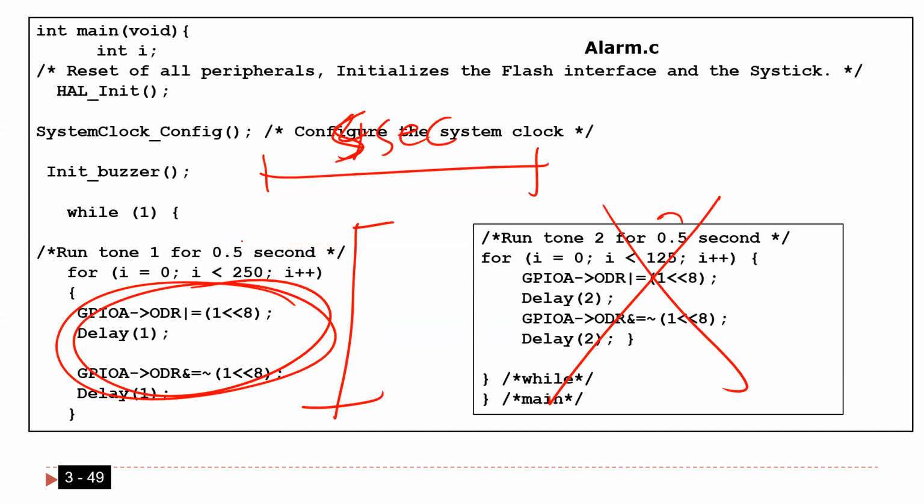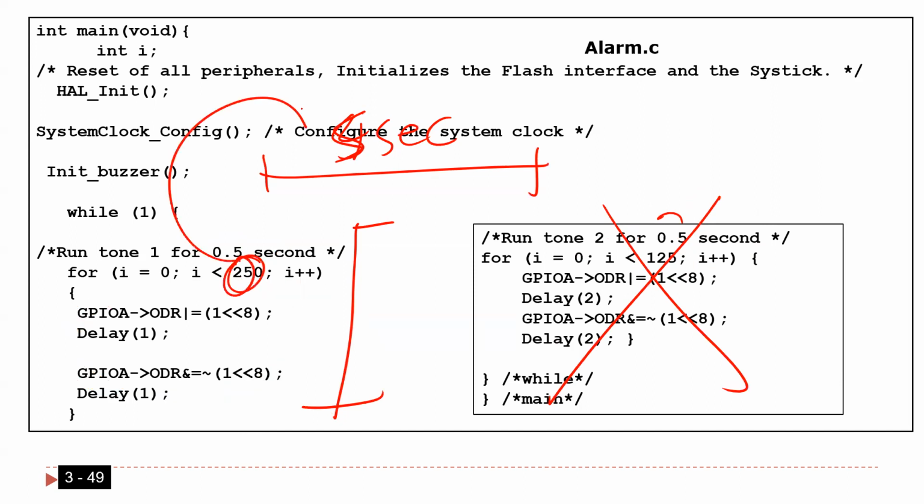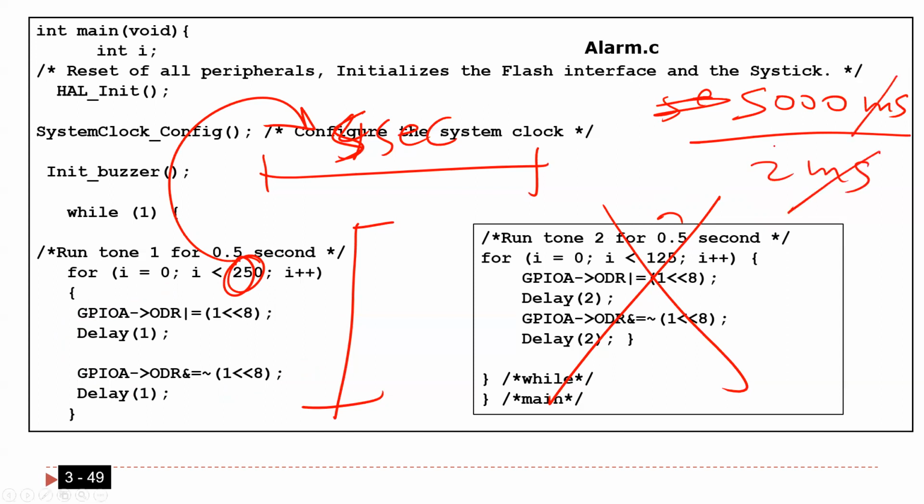But you need to know what number to put here in order to make it, for example, 5 seconds. Again, it's just 5 seconds, which is 5,000 milliseconds divided by 2 milliseconds. So now it's going to be 2,500. So you have to make it 2,500. Is that okay, guys? Let's see the video. Any questions? Very easy, right? Any questions?